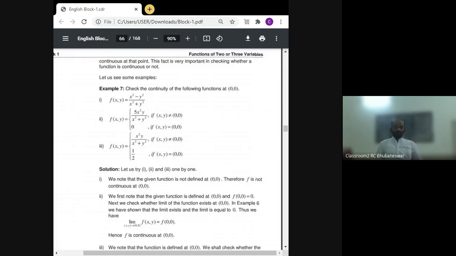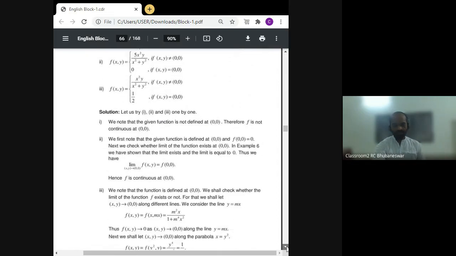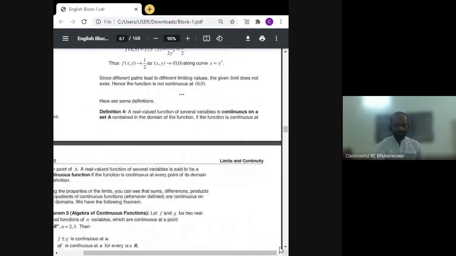So that is the 0 by 0 indeterminate form, and the function is undefined. If it is undefined, then we can say that the function is not continuous at that particular point. So the same definition can be used to test whether a function is continuous at a certain point or not.